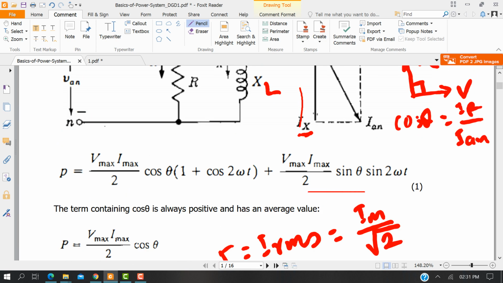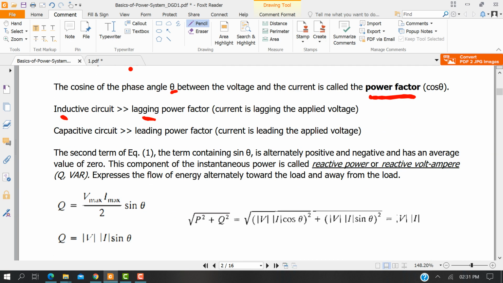Okay, so now the second term of equation 1. Go back to equation 1, and here is the equation. This is the sine part. So this is the sine, I mean the positive or negative value is sensitive to it. The term here is sine theta. For a positive value of theta, sine theta is positive, and for a negative value of theta, sine theta is negative. So in the cycle, what I see is positive and negative, and then the average value is 0.